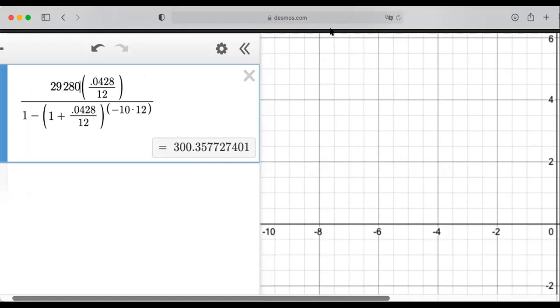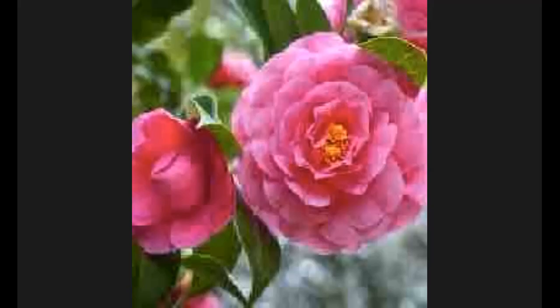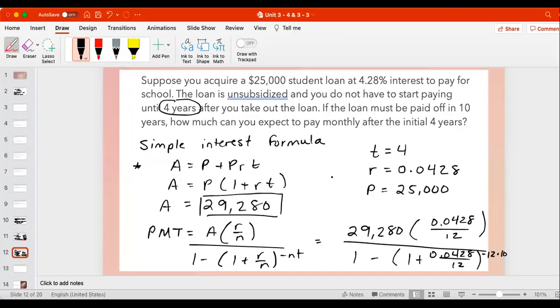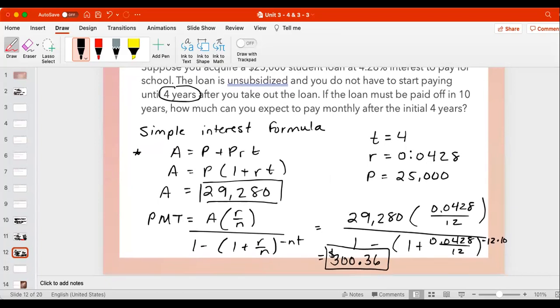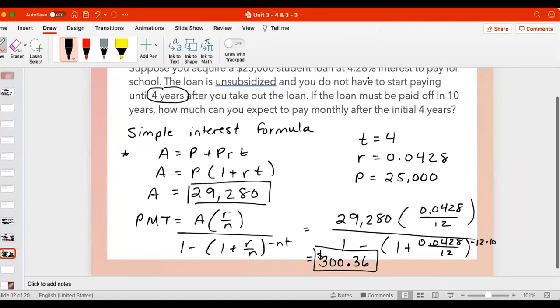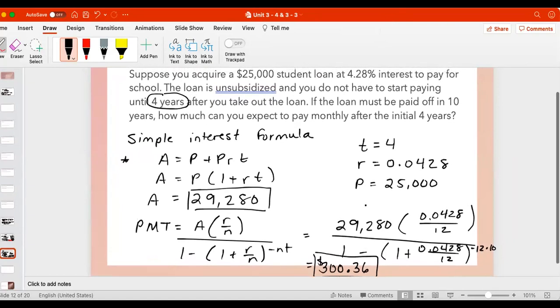So let's write this down on the PowerPoint. That was equal to 300.36. Okay, so let's compare the two.